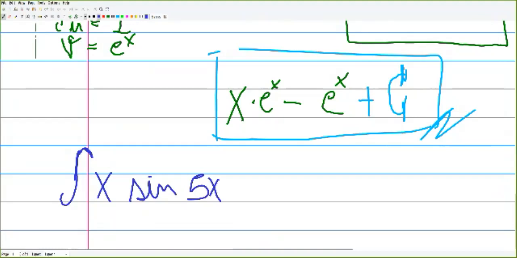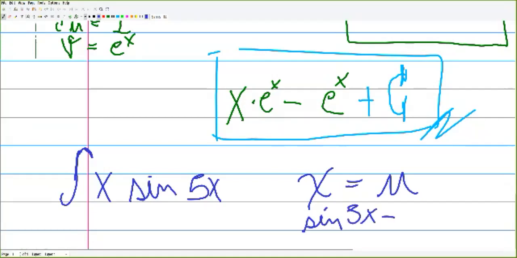If we say that this is u, we have to find the derivative, and if we say that this is dv, we have to find the integral. What is easier to know, the integral of this or the derivative of this? It's actually the opposite. The derivative of this and the integral of this. So we're going to choose x to be u because we're going to find the derivative.